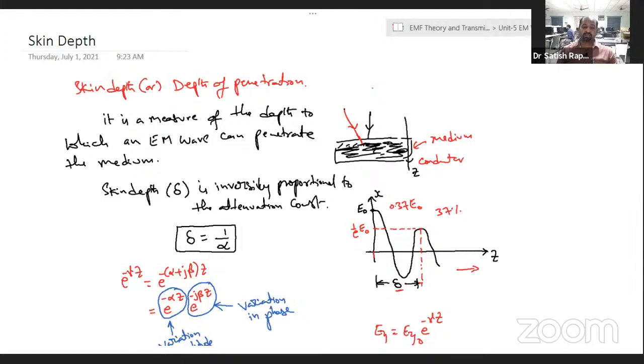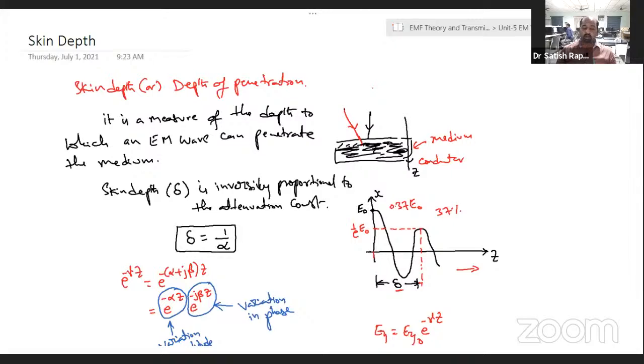For a good conductor, sigma is infinite, so the attenuation constant is very high. Therefore the entire wave will get lost inside a conductor, not on the surface, because the wave's amplitude will become 0 inside a conductor.